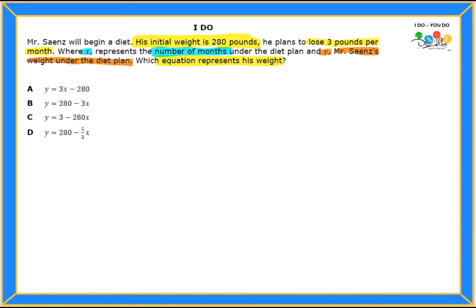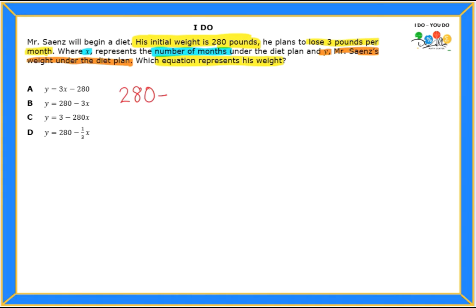Then if he weighs 280 pounds at the beginning, that's how much he weighed. Is that right? Well, what happens after the first month? Let's suppose a whole month goes by. He comes back and he weighs himself. Is he going to weigh 280 pounds? No, right? Because he's losing, and losing means subtracting.